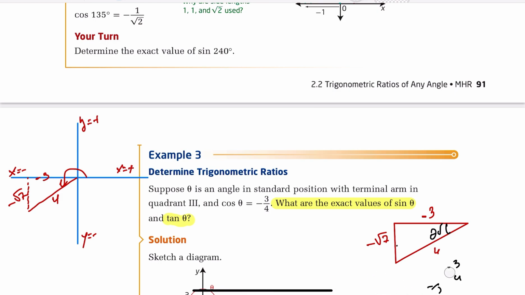So we just found that the sine of theta is minus square root of 7 over 4, and the tan of theta is minus square root of 7 over minus 3, which is square root of 7 over 3.